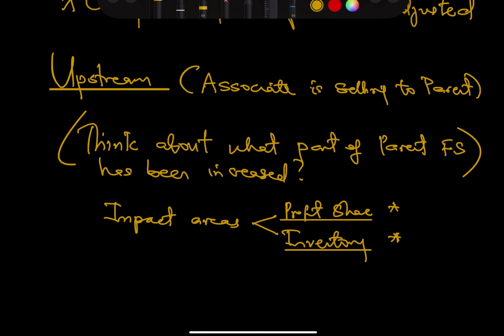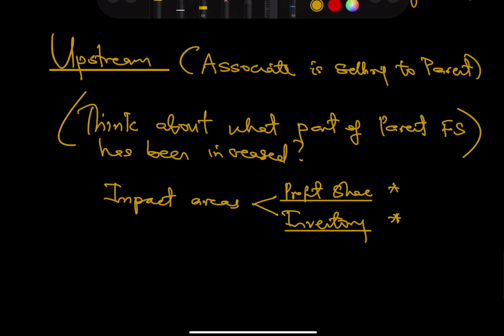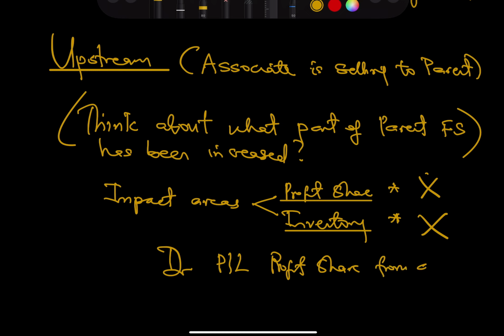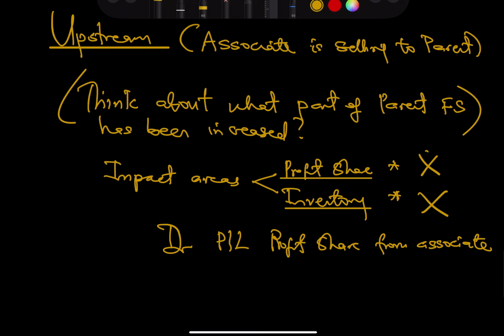Anytime you are doing that for an associate, what entry will you pass? You take it out from this place and take it out from this place. That is why there will be a debit to P&L, and that account is the profit share of associate. Profit share from associate will be debited, reducing it because it was overstated by the impact. Then we need to reduce the inventory as well. This one is the statement of financial position, and that is inventory.